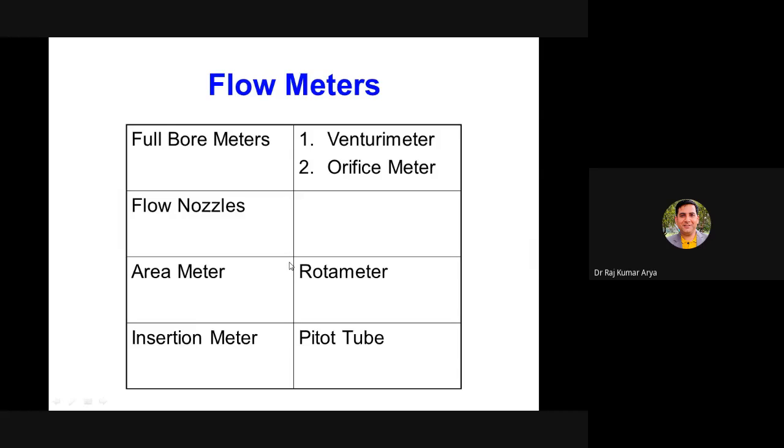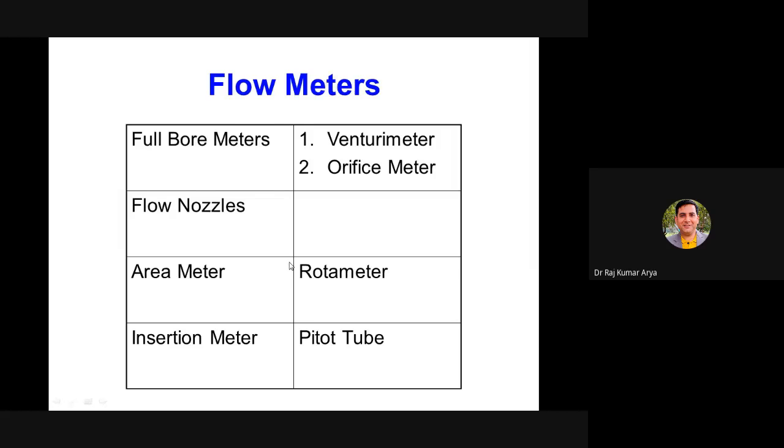But if a volume quantity is fixed, you can calculate density at that particular temperature, and you can calculate its mass. So most of the time volume is measured in the case of liquids, which is easy to measure.